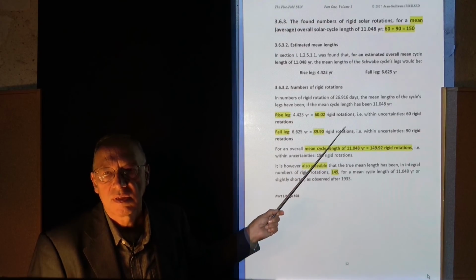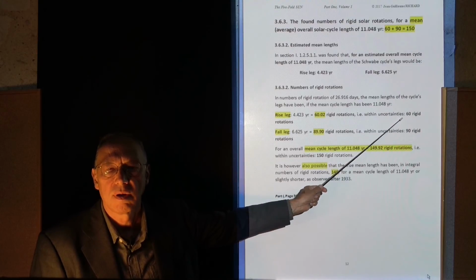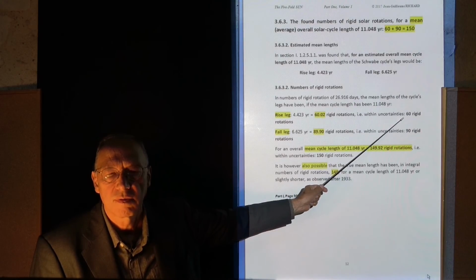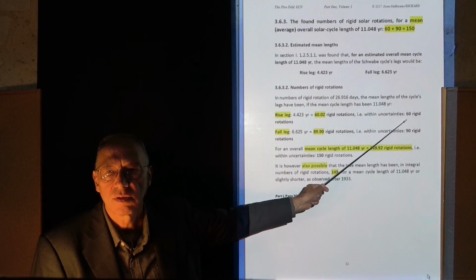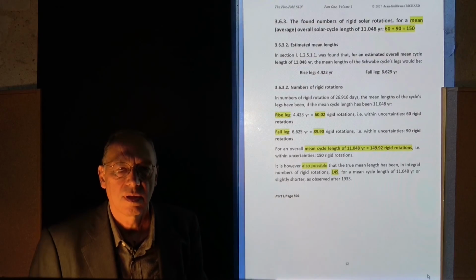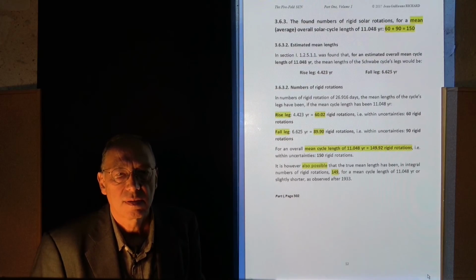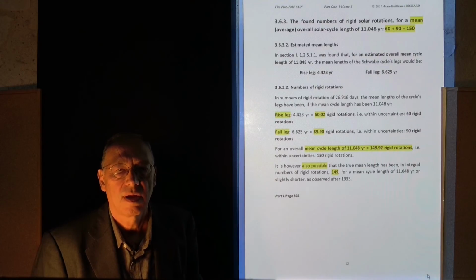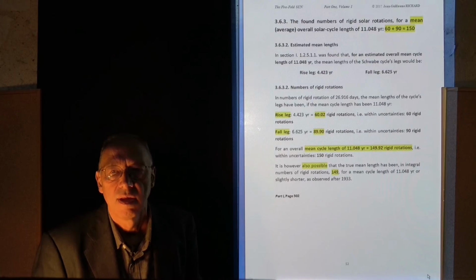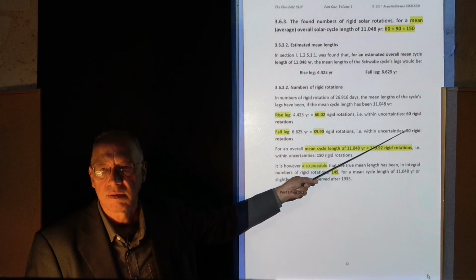Within uncertainties, again, these numbers happen to amount to integral numbers of rigid body rotations, 60 and 90. And they are not only integral numbers, as may be suggested for the central value length, i.e. 55 and 89, but this time they are multiples of 10.